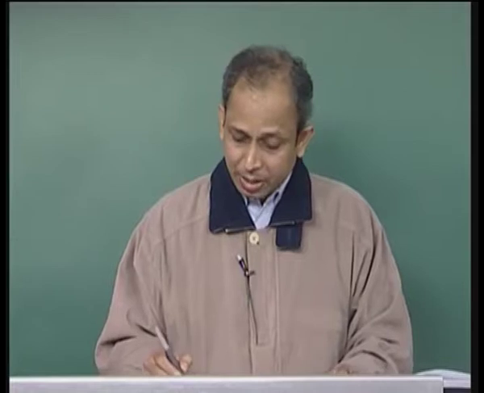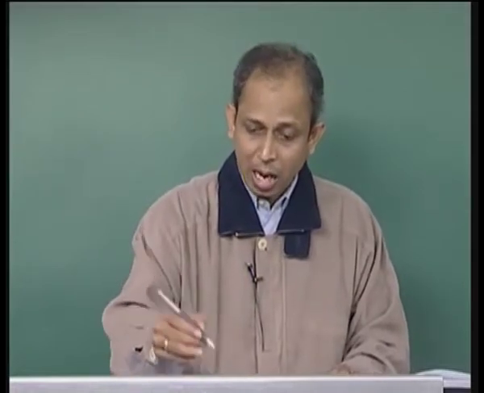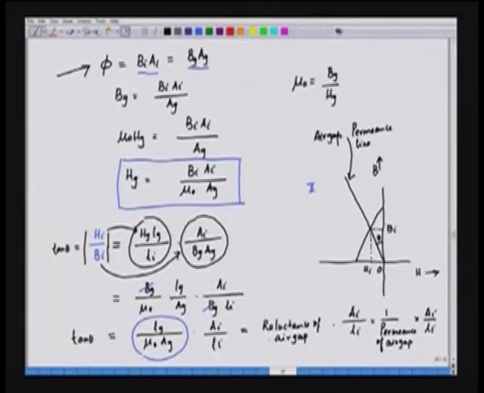So, if you want to have a larger air gap, this is the reluctance in this case, and tan theta is proportional to reluctance. So, I can draw another line for a larger air gap. This line will be for a larger air gap. So, if I increase the air gap, I will have a line which is having larger theta.